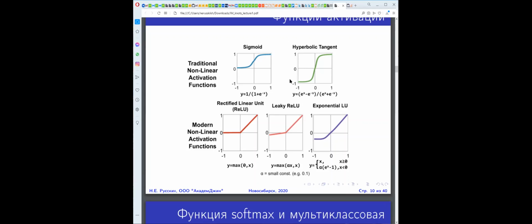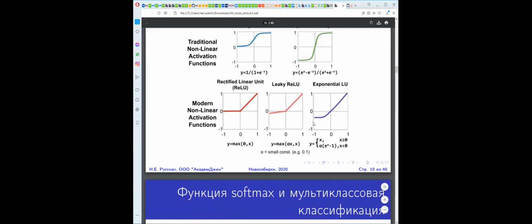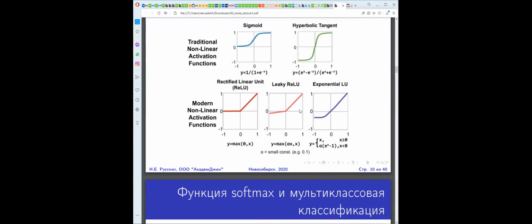But it still saturates, so it was replaced with, say, the rectified linear unit, which is not differentiable at zero, but we don't really care about that because in real life it's hard to even get exactly to zero.